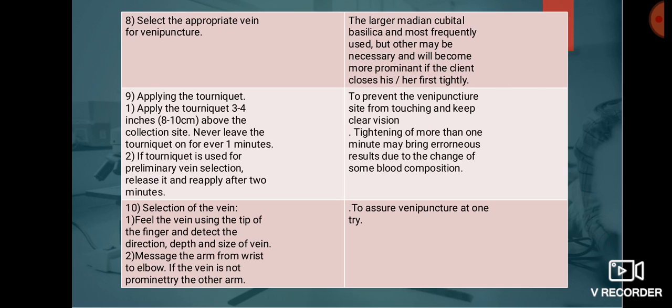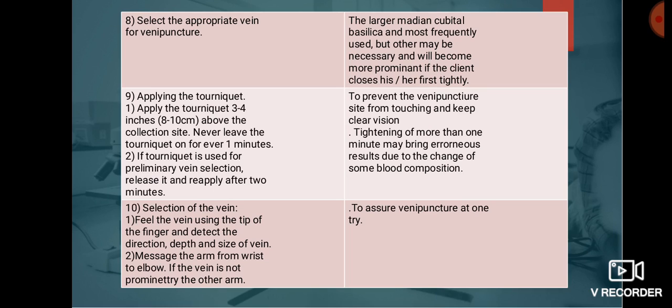Applying the tourniquet. Apply the tourniquet 3 to 4 inches above the collection site. Never leave the tourniquet on for even 1 minute. Reason: to keep a clear vision of the venipuncture site.